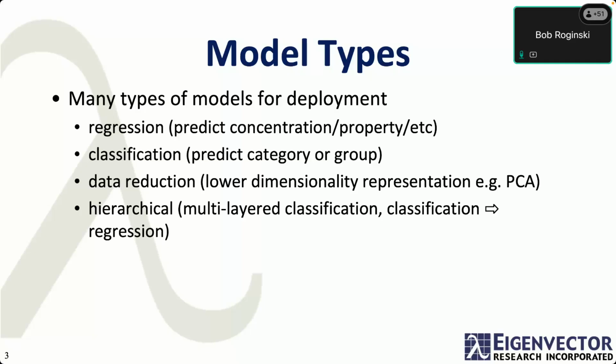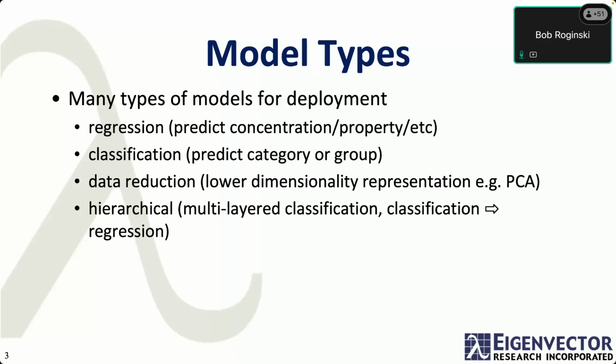But if we can represent our measurements in a lower number of dimensions, 1, 2, 3, 4, 5, something of that sort, that really helps us to glean information that will help guide us in our decision making.